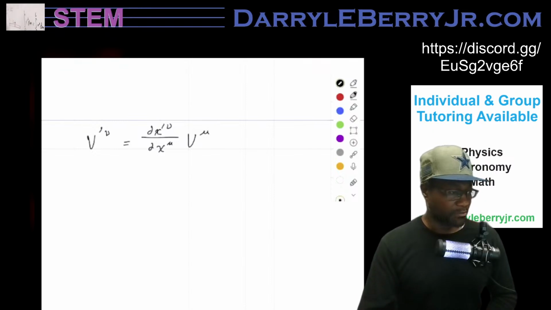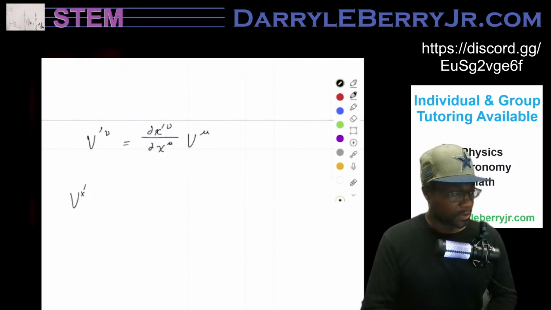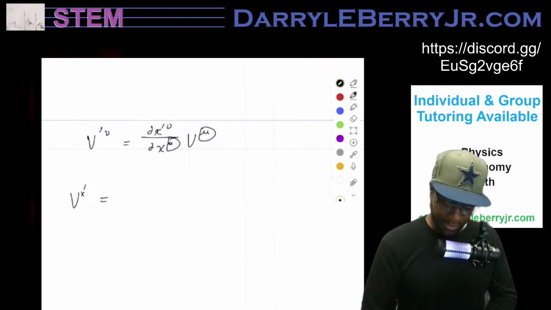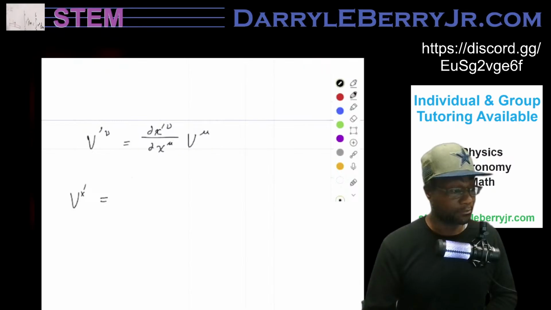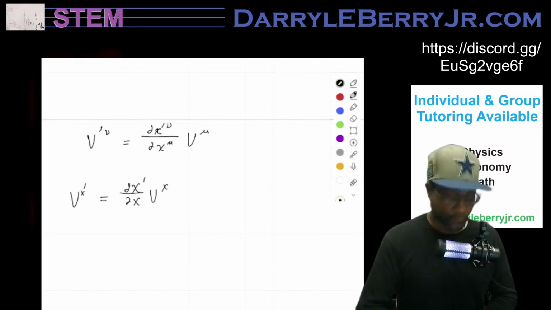So if I was to get my v x prime, right? Now, one thing I want you to notice is this is a duplicated index, so that makes it a sum, right? So this is going to be partial x prime over partial x, vx, plus partial x prime over partial y, vy.